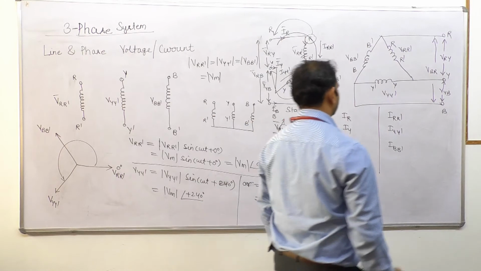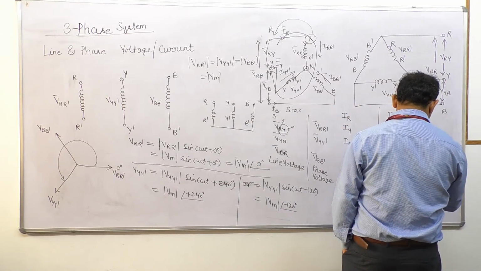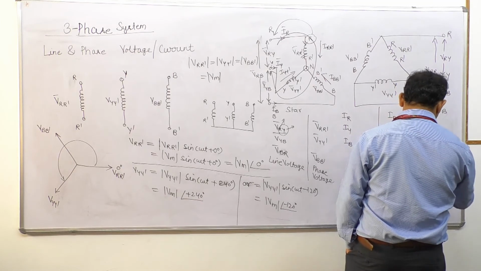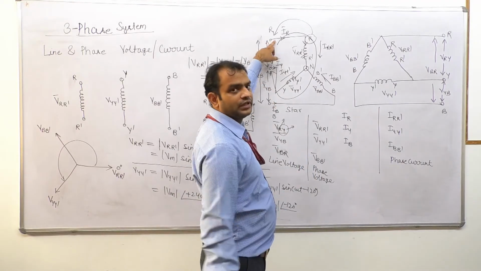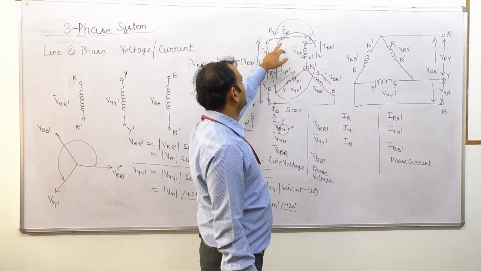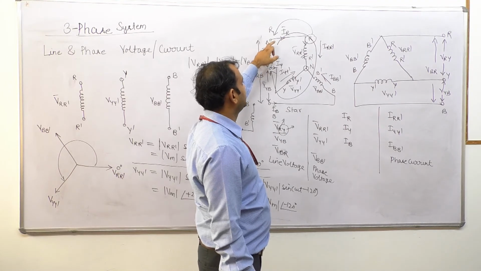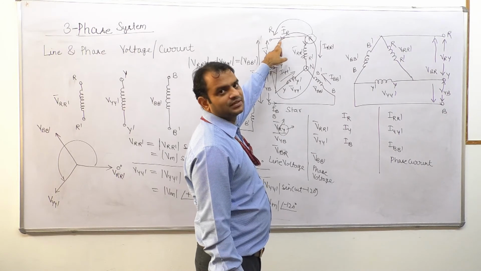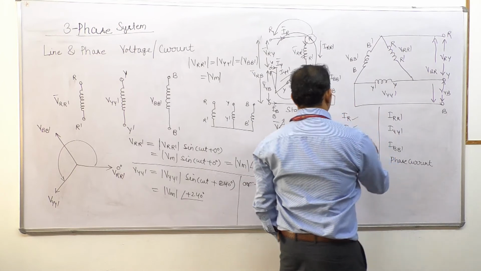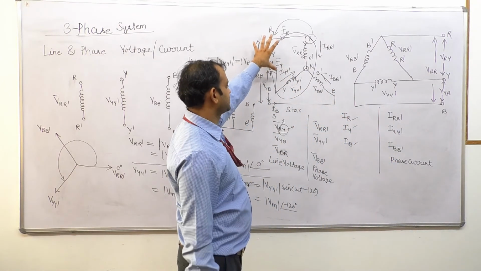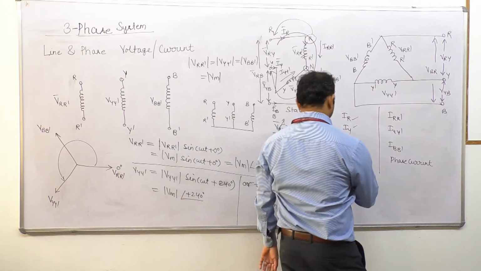These are phase currents. In case of current flowing inward or outward to that terminal R, it is termed as line current. So here IR, IY, IB, in case of star connection, we can say line current.